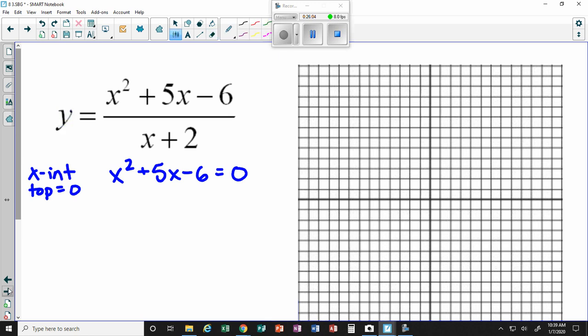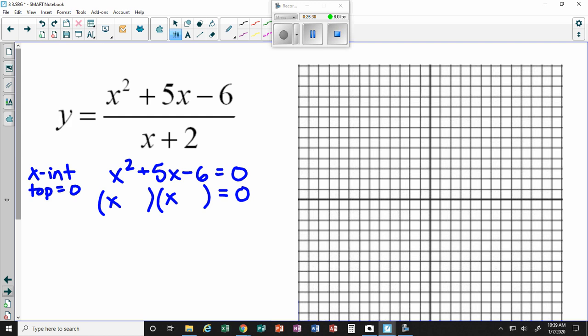So do you remember how to solve this? You got to factor. It's a quadratic. You can't just add 6 or anything because we have two different x terms. So we can use the shortcut. We got x and x here. What multiplies to negative 6 and adds to positive 5?